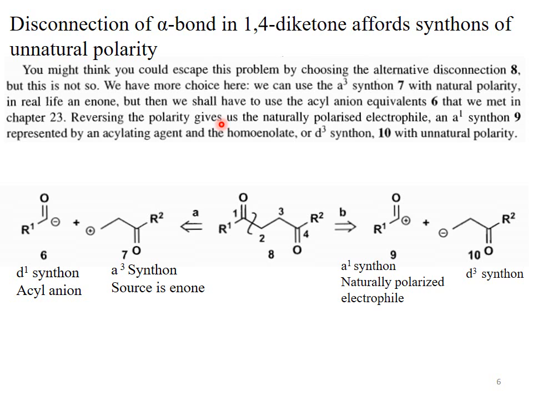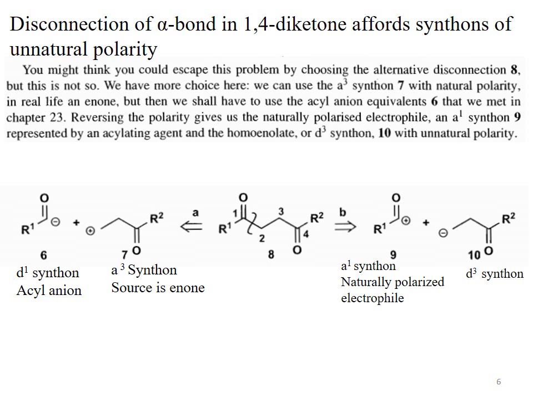So this is the synthon of natural polarity, and this is another synthon, that is the D3 synthon. See, we can use the A3 synthon 7, with natural polarity, and the direct source of this synthon is enone.